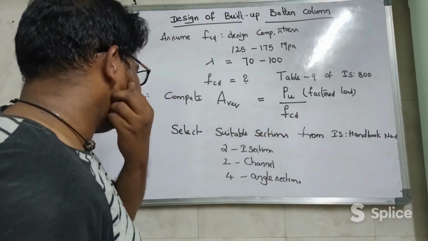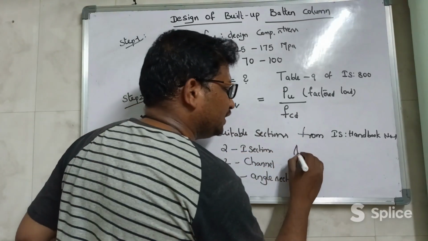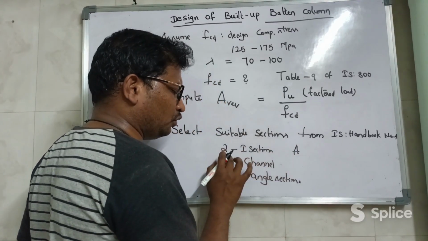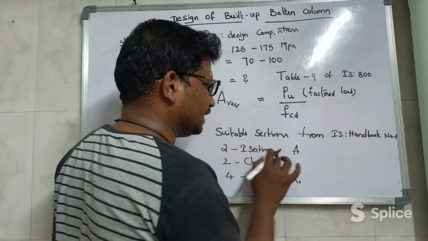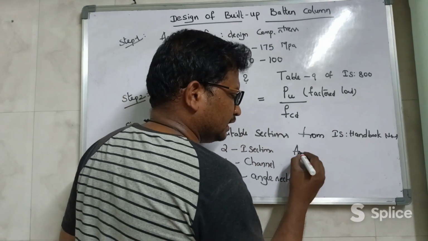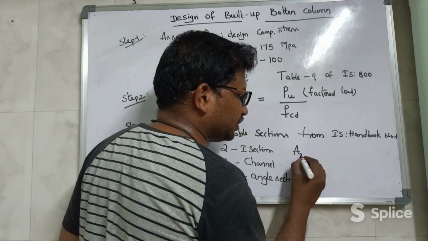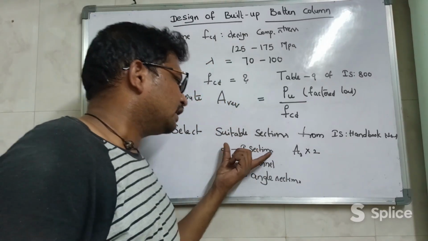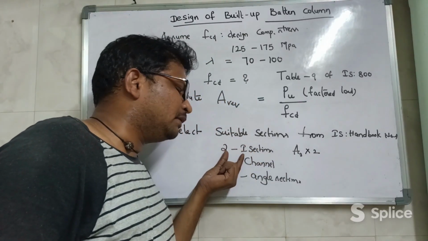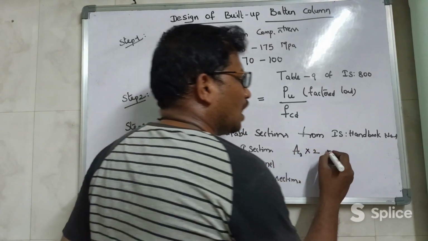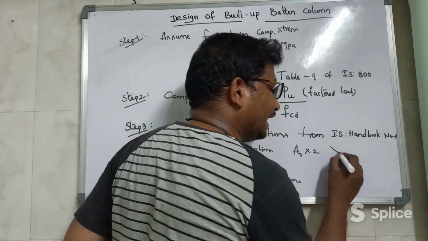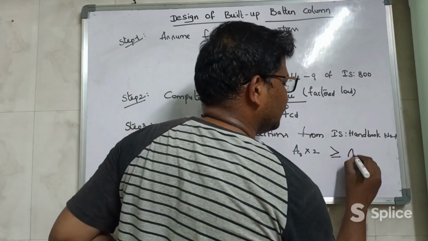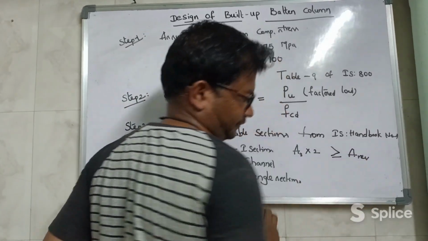Suppose you selected 2 I sections, the cross-sectional area of each section into 2, the sum of cross-sectional areas of these members should be almost similar or higher than the area required.